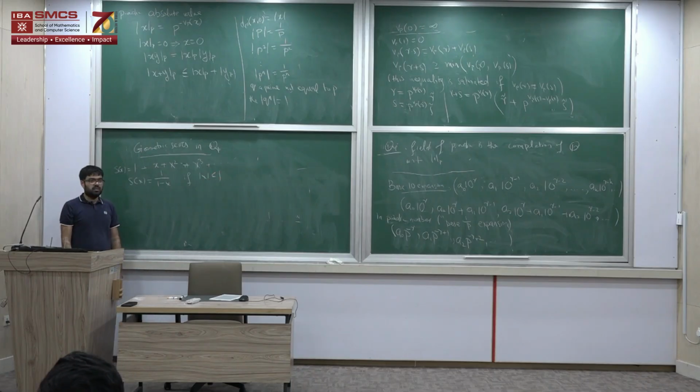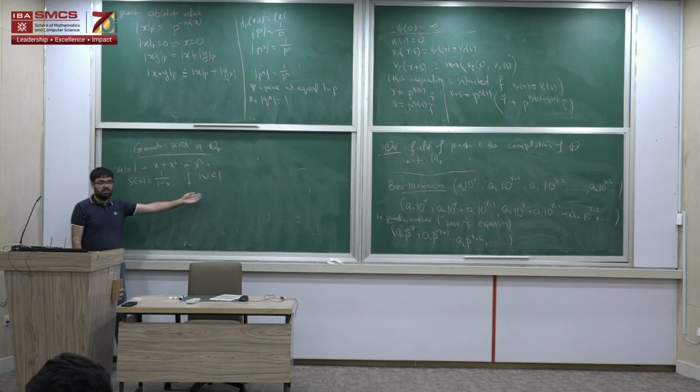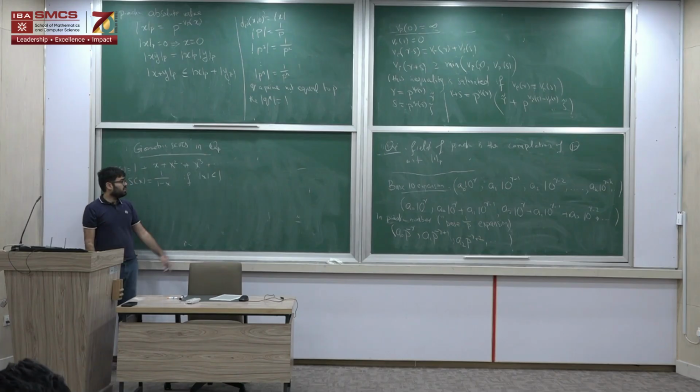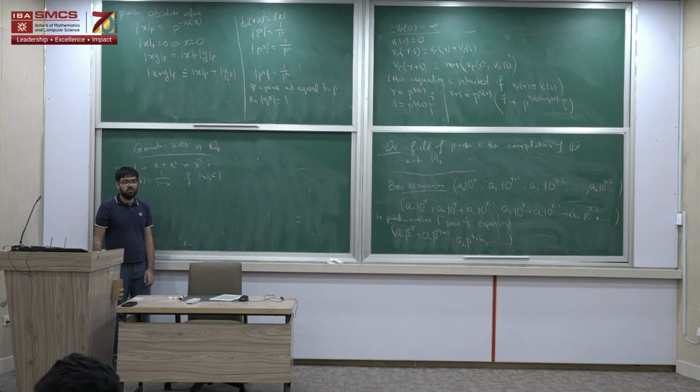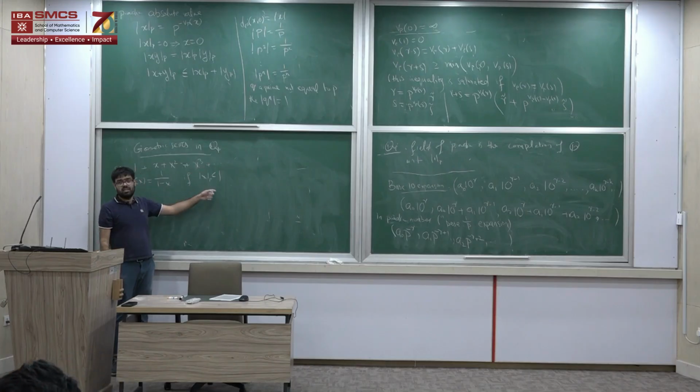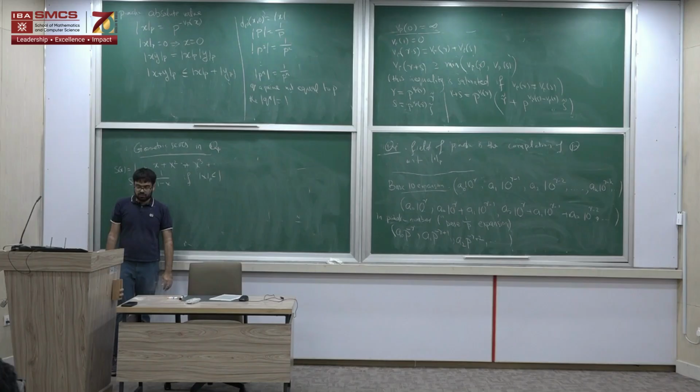So, we are happy with this fact, and the only thing is now we have the p-adic absolute value. So, this series in p-adic numbers will converge if the absolute value of x in the p-adic metric is less than 1.